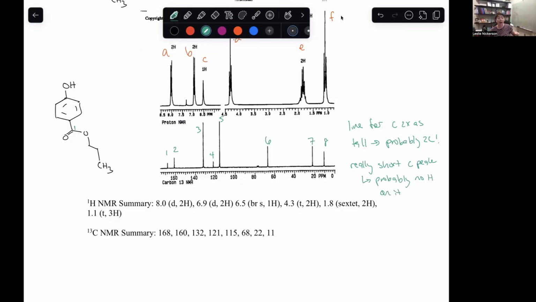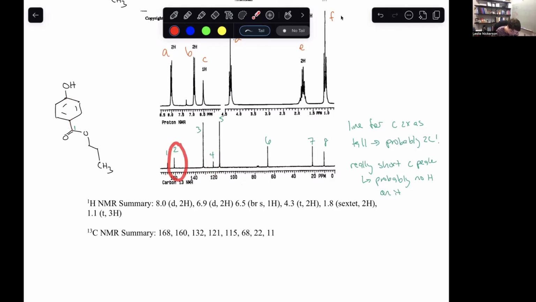Okay, so that kind of helps us narrow things down a little bit when we're thinking about assigning our benzene carbon environments here. Because my 2 and my 4 are significantly smaller than 3 and 5. I expect to have one plane of symmetry here, so some of my carbon environments are going to be 2 carbons in each environment, but then I've got a couple that don't have any H's and are only 1 carbon each.